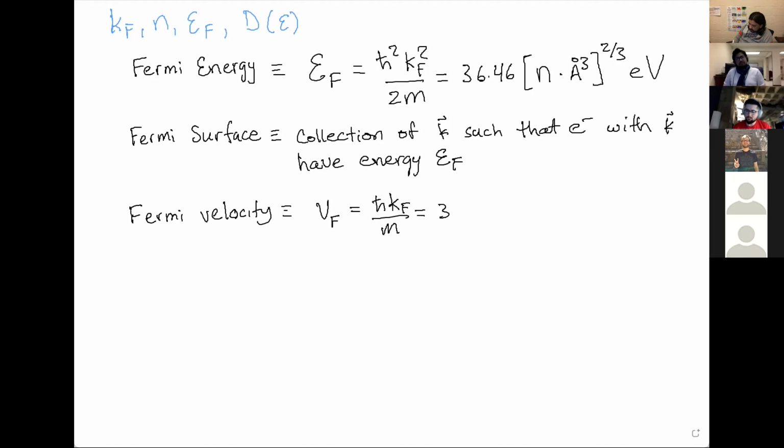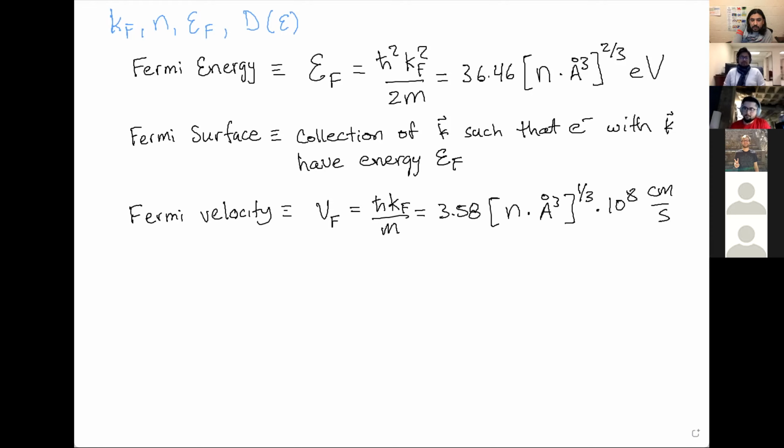And this one comes in units of 3.58, some density in Bohrs, then you have to take the cube root of that, times 10 to the 8 centimeters per second. Okay?